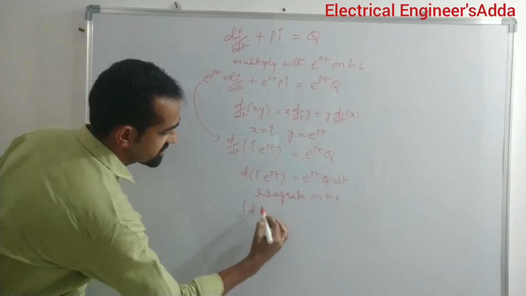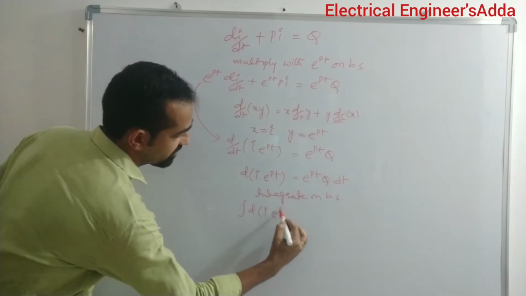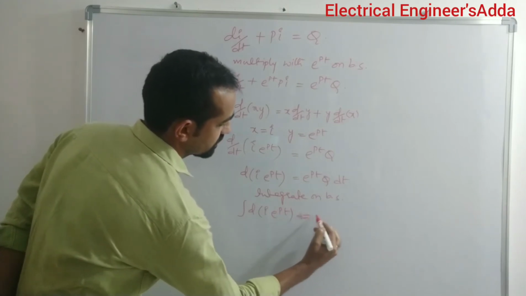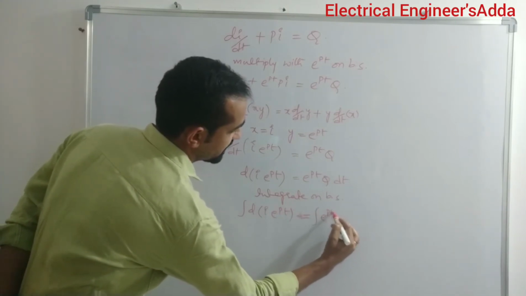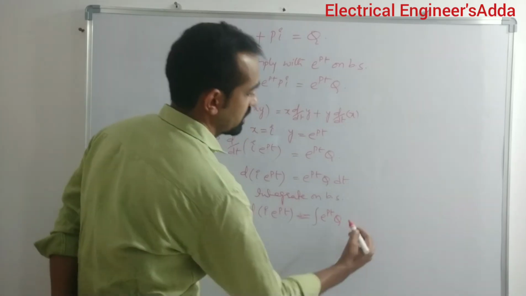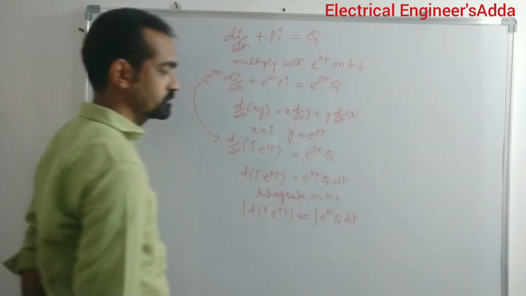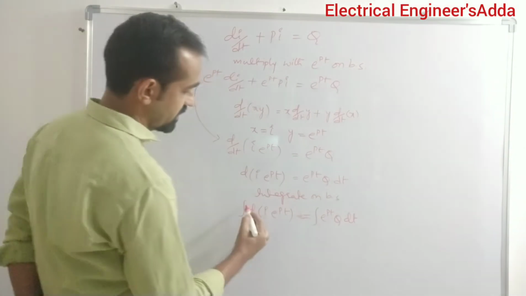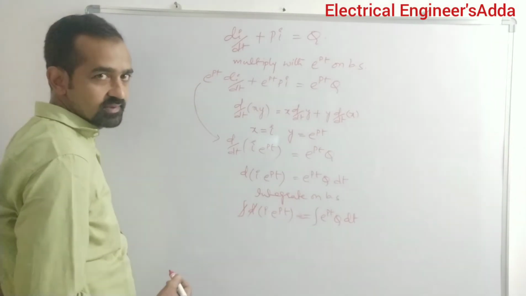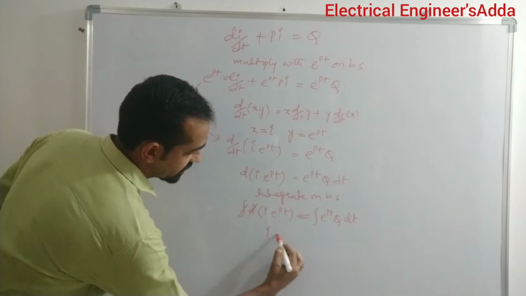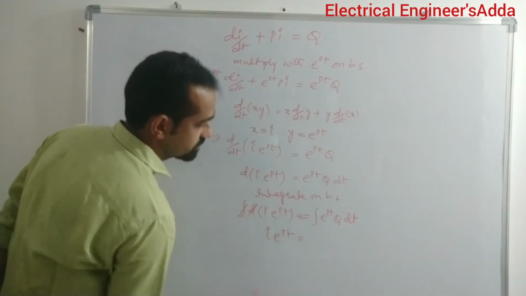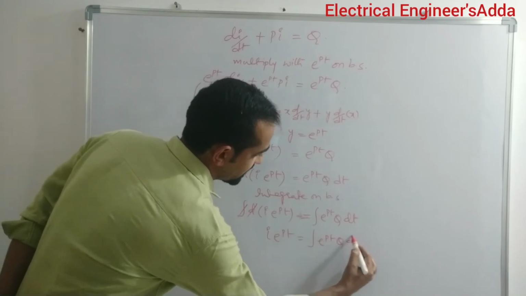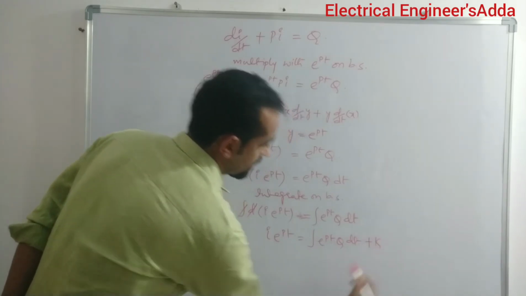Integrate on both sides. What does it become? Integration of differentiation of I into e power of pt is equal to integration of e power of pt into q into dt. Okay, here integration and differentiation get cancelled. I into e power of pt is equal to integration of e power of pt into q into dt plus k.